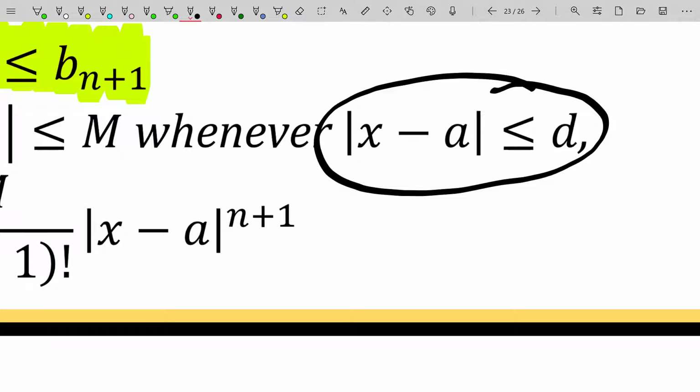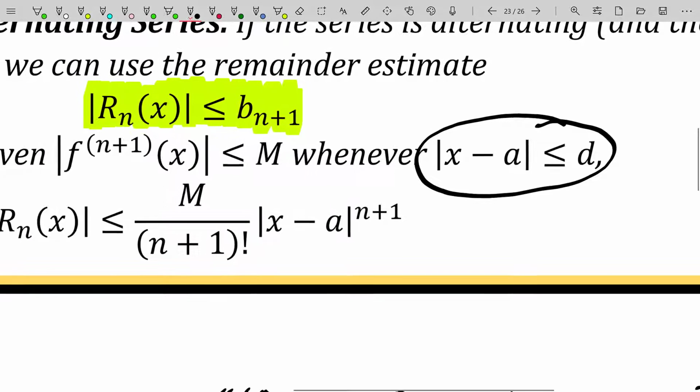So if you're not interested in x values within your radius of convergence, like all the way from one edge to the other edge, but instead a subset of that radius of convergence, you can actually get a tighter bound on that fourth derivative.